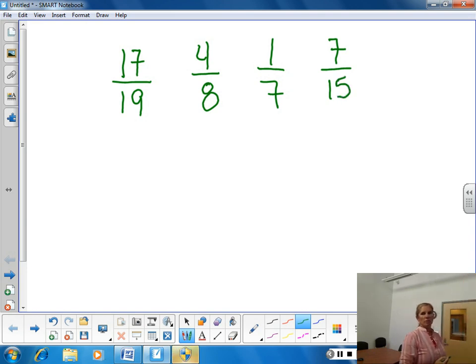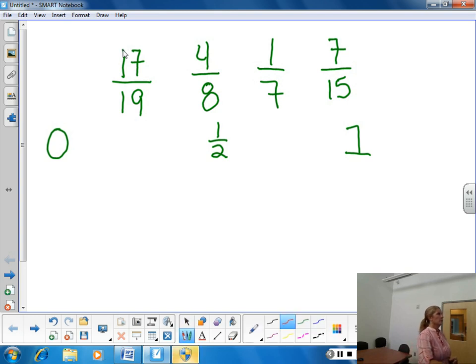And I want you to put those in order from the smallest to the greatest. What you want to do is think about this. There's 0 over here, there's 1/2 in the middle, and there's 1 to the right. When we're talking about fractions, we're talking about which does this fit in?